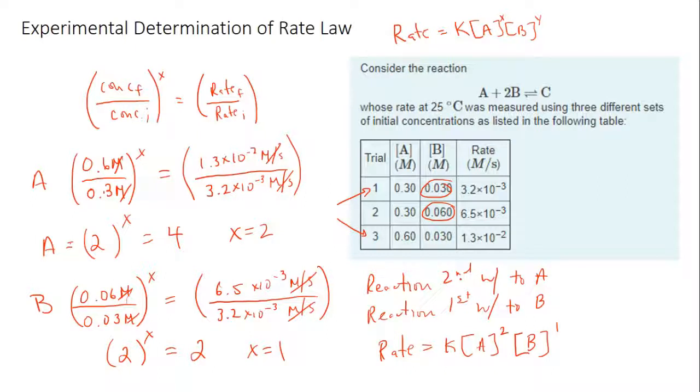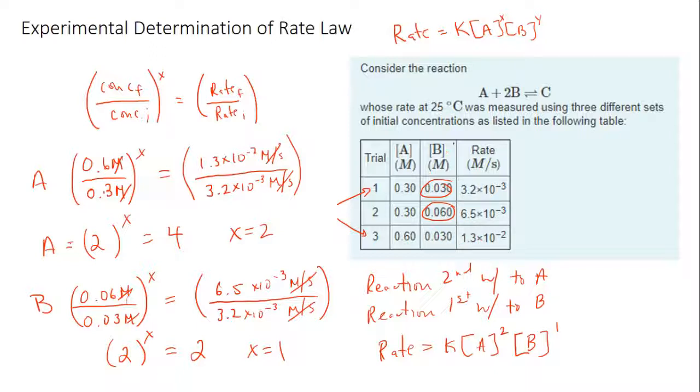To get that contribution from A and B, we had to look at entries 1 and 3, where we changed the concentration of A, and what did we observe happen to the rate of the reaction? The rate got 4 times faster.